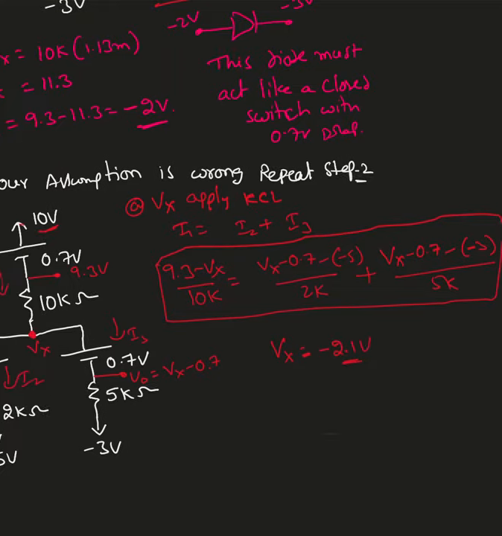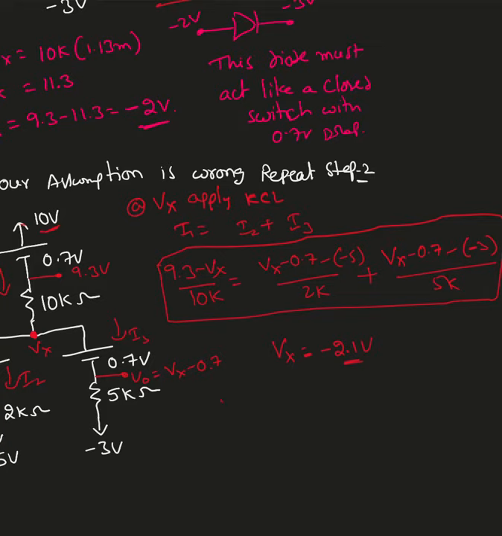Once I have Vx, Vx minus V0 equals 0.7 volt, so V0 equals Vx minus 0.7. Vx is minus 2.1, minus 0.7, so the voltage at that point is minus 2.8 volt.